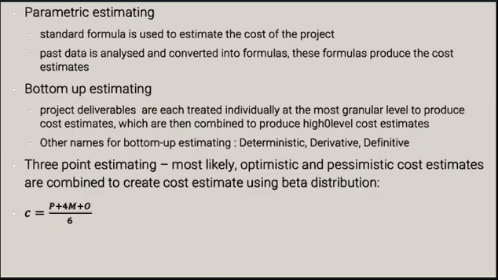But we're going to encourage using the beta distribution based estimation, where to get the cost estimate, we take the pessimistic estimate of the cost, we add 4 times the most likely cost estimate, and then we add the optimistic estimate of the cost, divided by 6, to get a reasonably accurate estimate of the cost. So that's the second one.